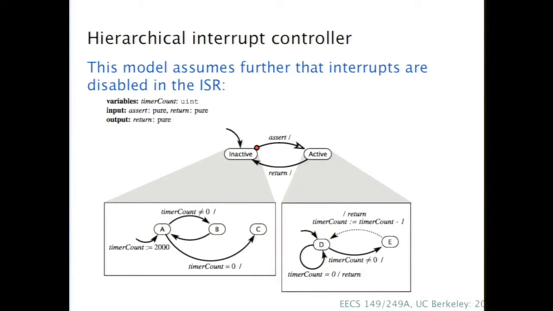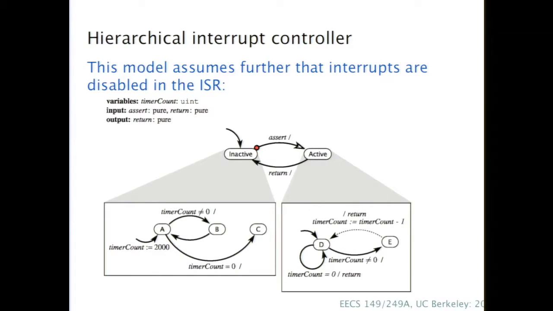It has an initial state D. Notice that's a reset transition. When I enter the interrupt service routine, I always enter at the initial state. I execute until I produce the output return, at which point I will transition back to inactive with a history transition and resume where I left off here.